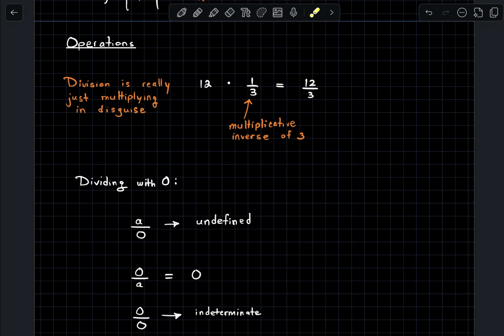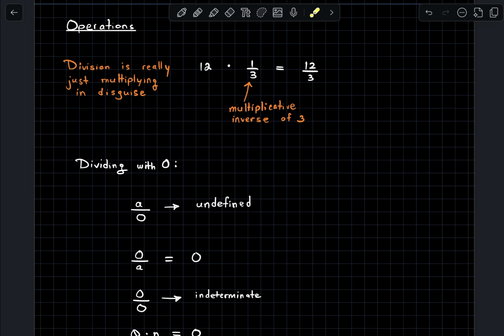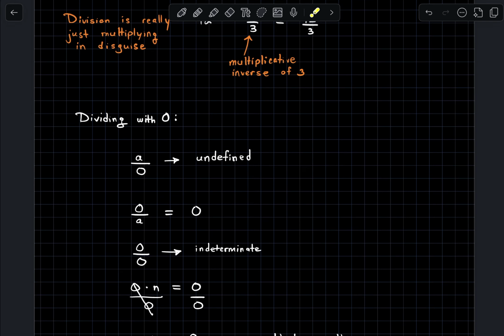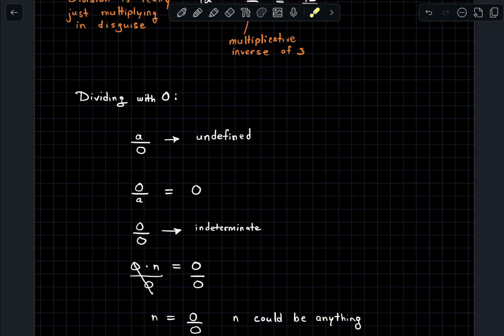Okay, as far as operations go, let's think about division, which is really just multiplying in disguise. When we're dividing something like 12 over 3, all we're really doing is multiplying 12 by what's called the multiplicative inverse of 3, which is 1 over 3. Okay. Now let's consider division with 0 specifically before moving on.